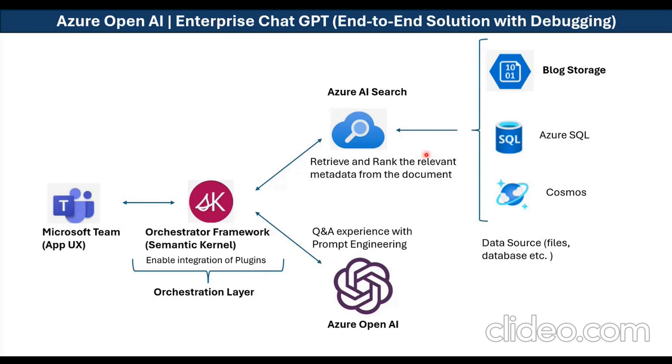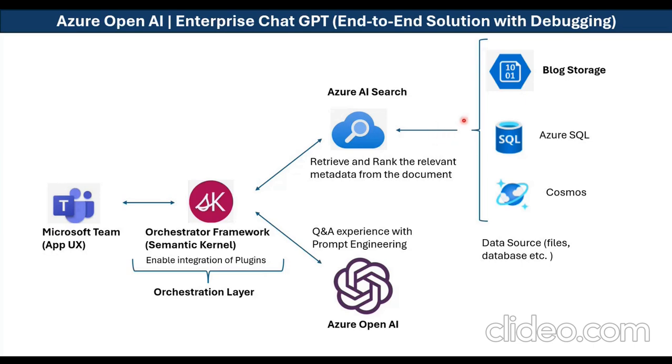We can enable semantic search, and we can define skills, meaning what content is extracted from the different sources and different types of documents we have. We can do vectorization. If my document is quite big, we can divide it into chunks, and that helps again to get more relevant context of the data. We'll see all those features and attributes of Azure AI Search in different sections.